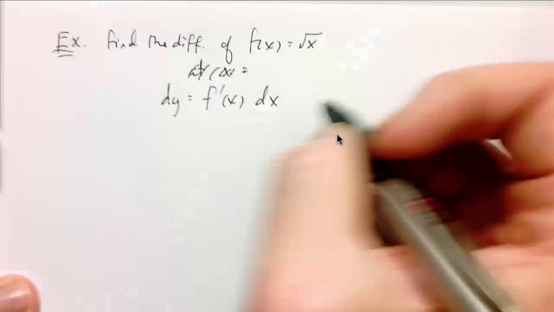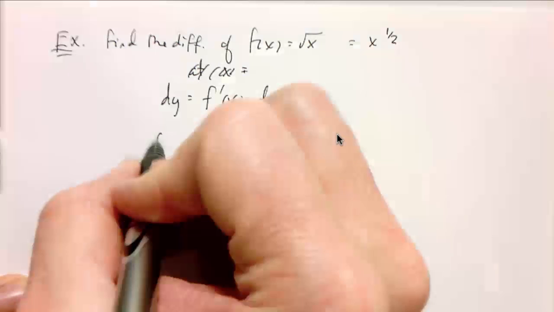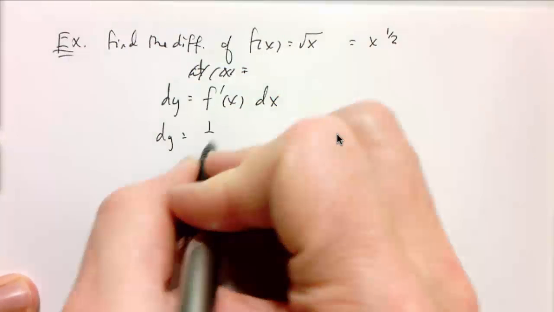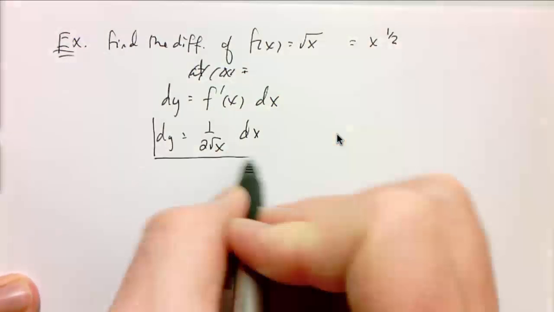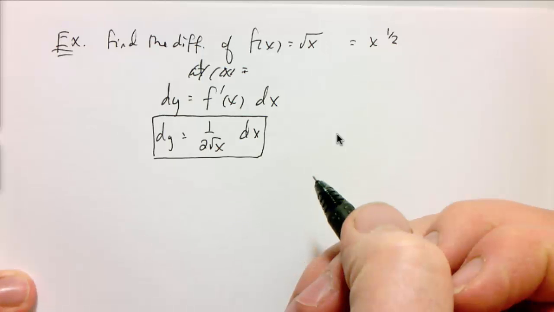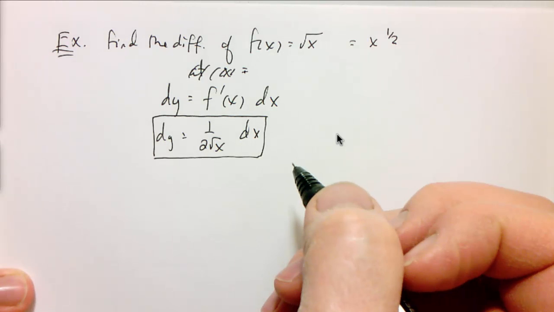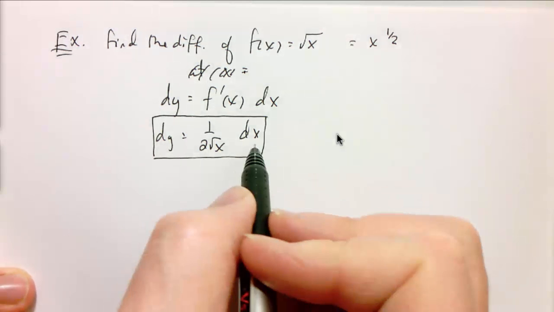The derivative here, if this is x to the 1/2, the derivative is 1/2 x to the minus 1/2, or 1 over 2 square root of x dx. So this is called the differential. It's a funny looking equation, but it's new notation for an old idea, which basically says that the rise in the function is equal to the slope times the run.